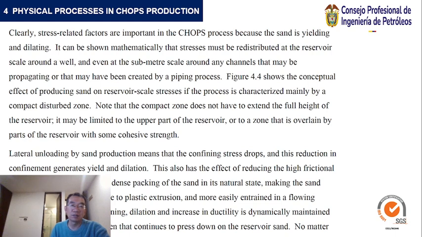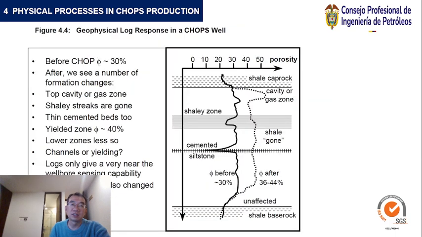It may be limited to the upper part of the reservoir or to a zone that is overlain by part of the reservoir with some cohesive strength. This picture shows us geophysical log response in a CHOPS well.